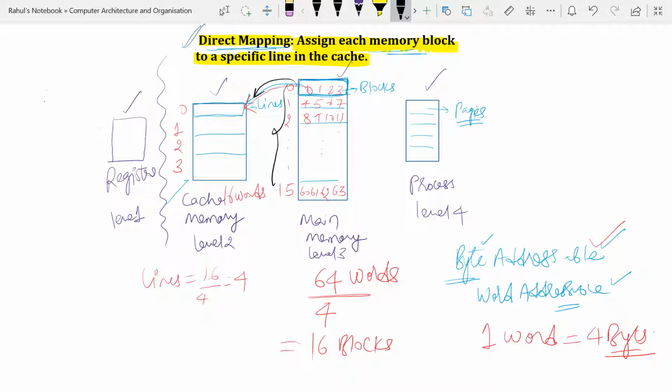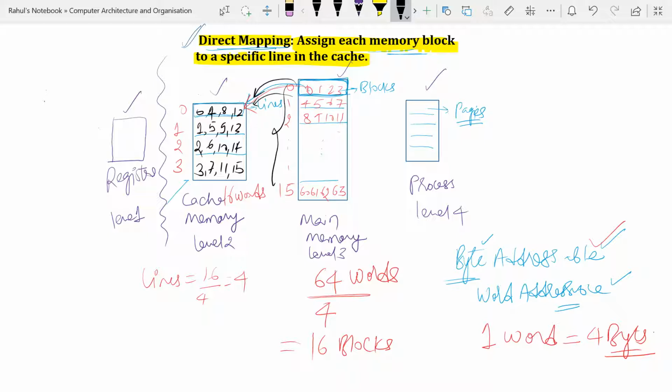It is mapped in a round robin manner, like block 0, block 1, second block, third block, then fourth block, fifth, sixth, seventh, eighth, ninth, 10th, 11th, 12, 13, 14, and 15. In such a manner, all these blocks can be mapped to the cache lines. So it is called direct mapping.